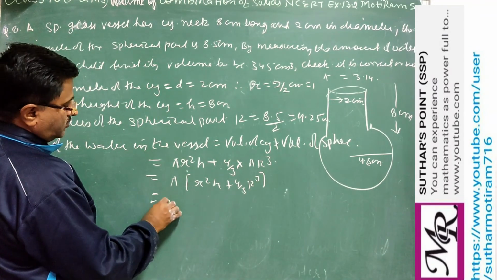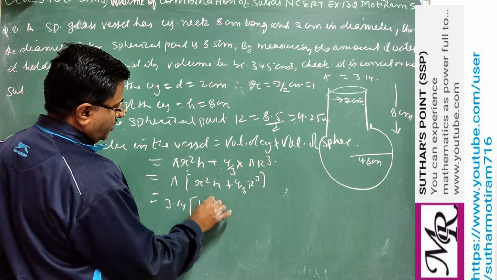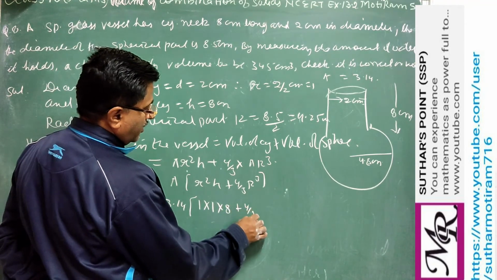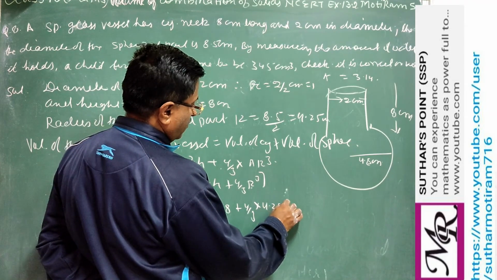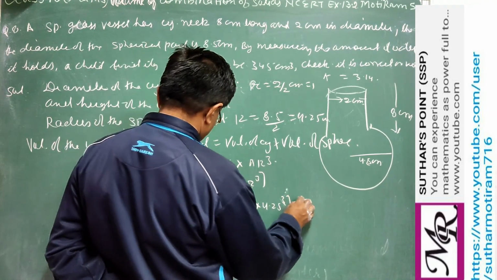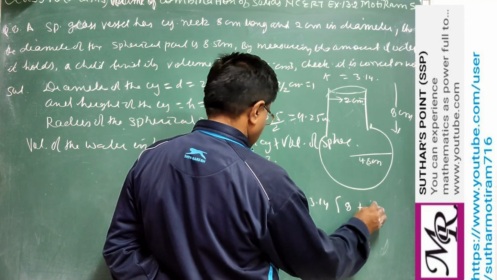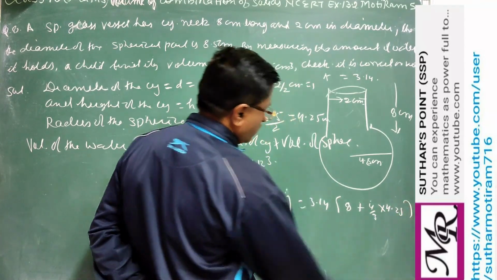Pi you can use 3.14, small r is 1 centimeter, so 1 into 1, height is 8 centimeter, and capital R is 4.25 whole cube. So 3.14 into (8 plus 4 by 3 into 4.25 into 4.25 into 4.25).